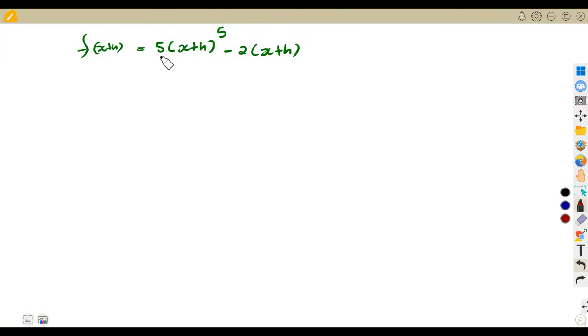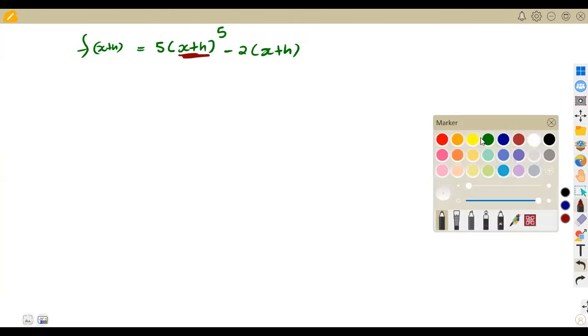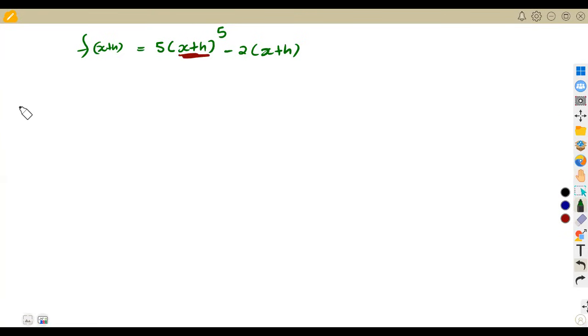So we are going to expand the bracket here of x plus h raised to the exponent of 5, and this 5 is simply there to multiply. Remember how to expand.